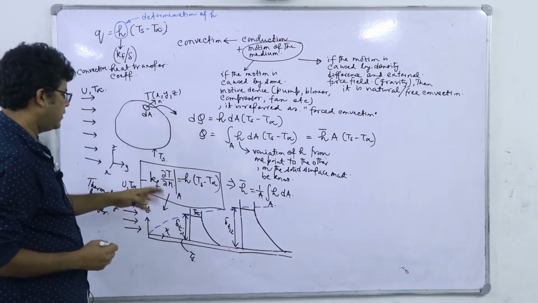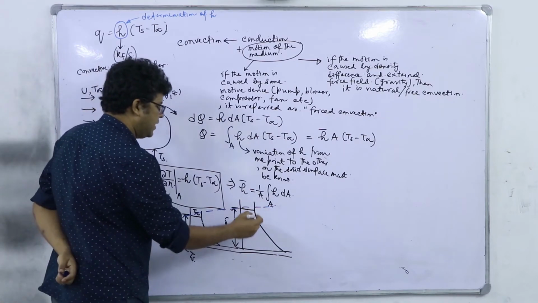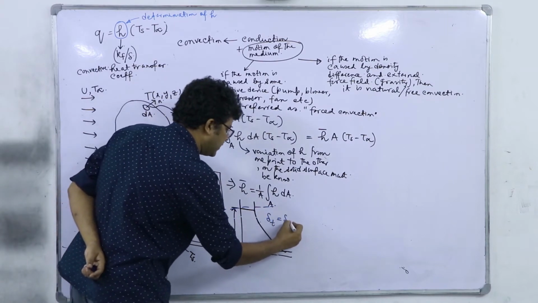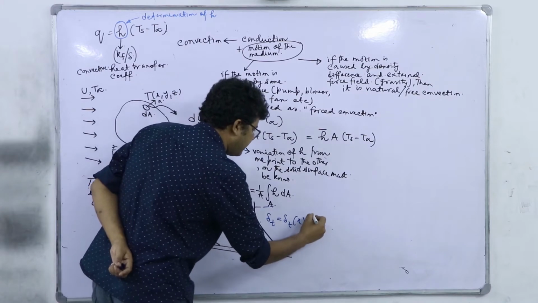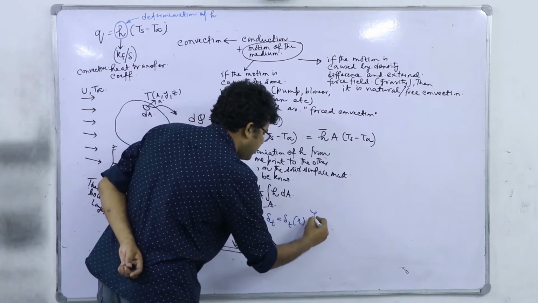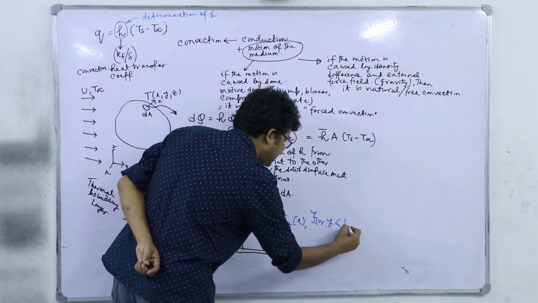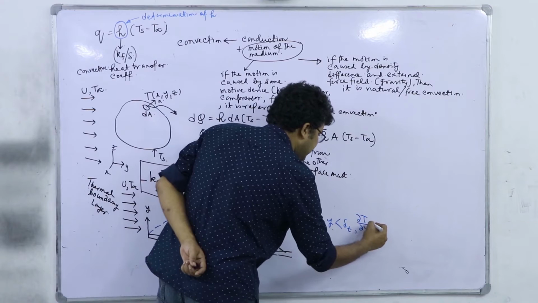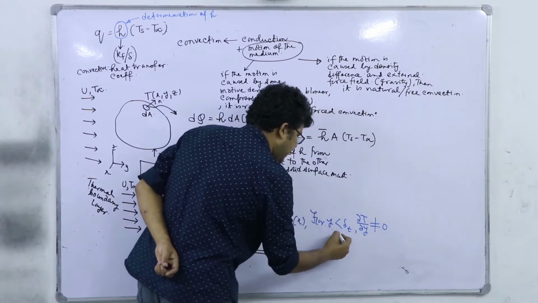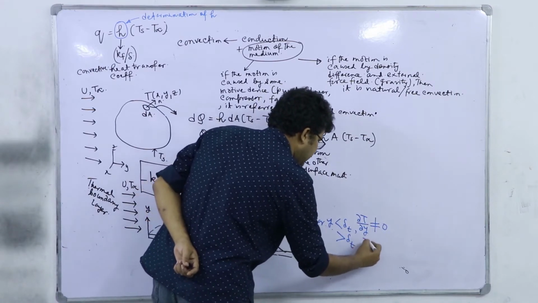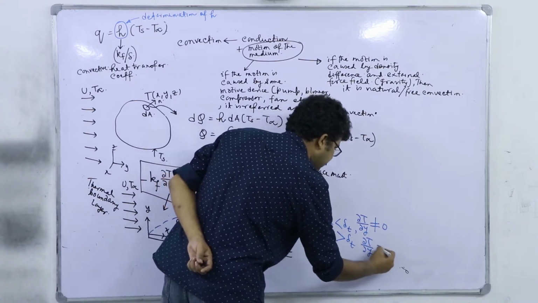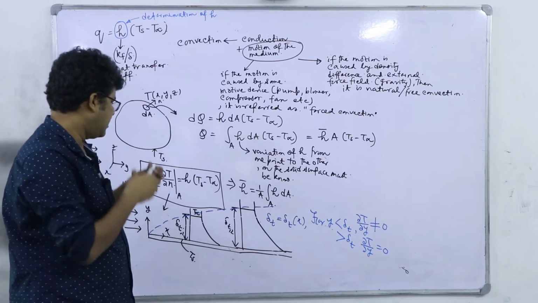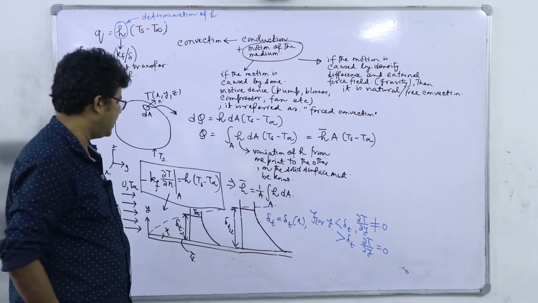So inside the boundary layer, the thickness is delta T. You can say that delta T is a function of x, and for y less than delta T, del T del y is not equal to 0, and for y greater than delta T, del T del y is equal to 0. That's the precise quantitative description of this boundary layer thickness.